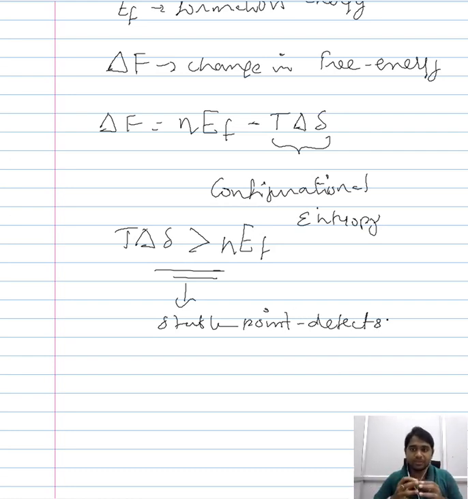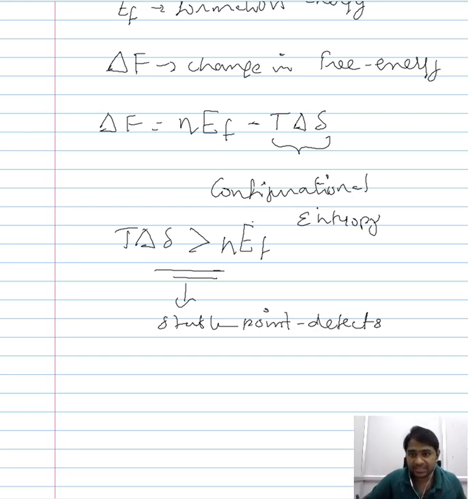This possibility arises when we consider the influence of the point defects on the entropy. If you consider the point defects alone, then with an increase in the point defects, we have an increase in the free energy of the system, which makes the system totally unstable. However, when we include the influence of the point defects on the entropy, we see that with an increase in the point defects, the entropy also increases.